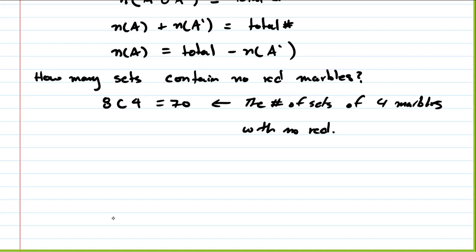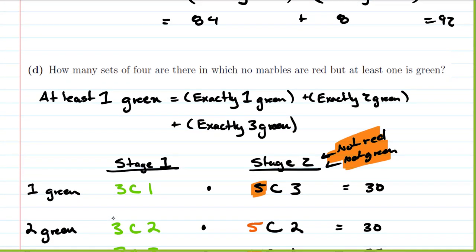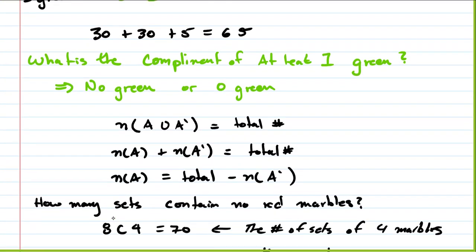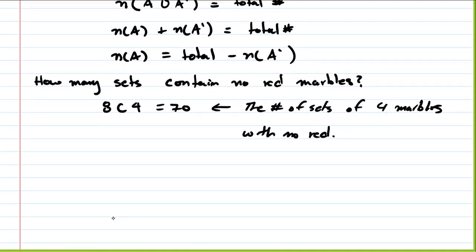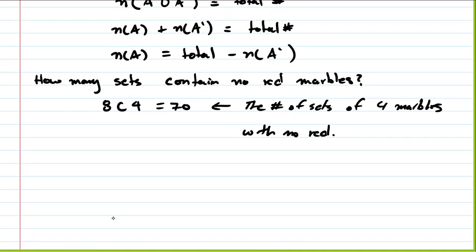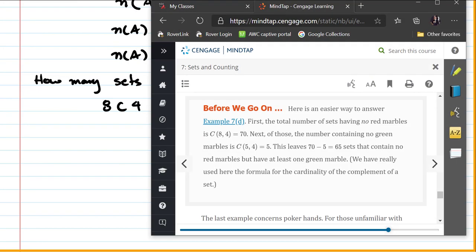Okay, so then here's where we can use the complement. We want at least one of them to be green, right? Well, how many of those contain no green marbles? Well, how would we calculate that? So of these sets right here, how many of them contain no green marbles?